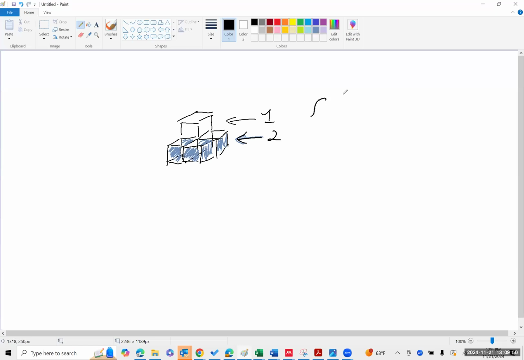So when X was one, the output was one. But now that you have two layers, if you count all the bricks, you have the one on top and then the four underneath it. So that's five, okay?